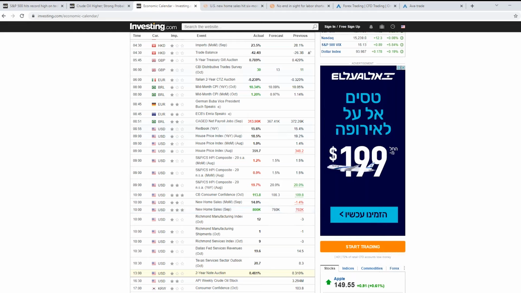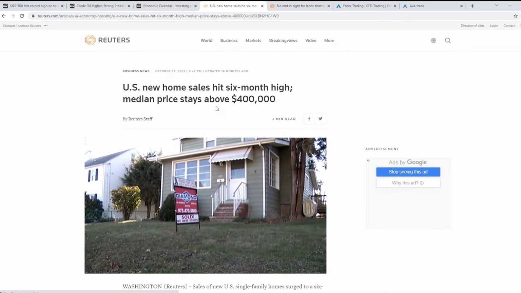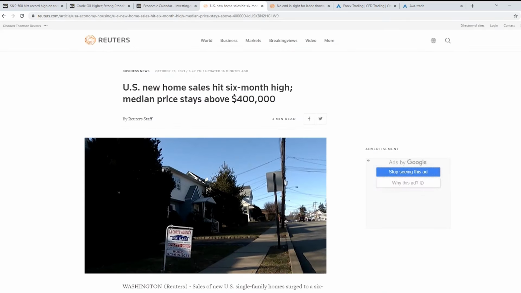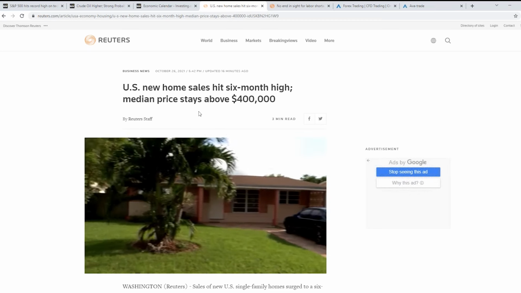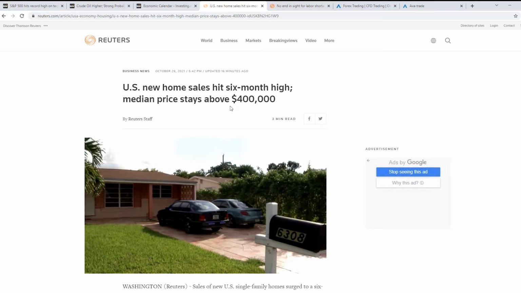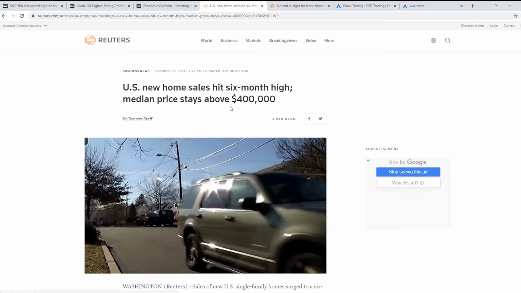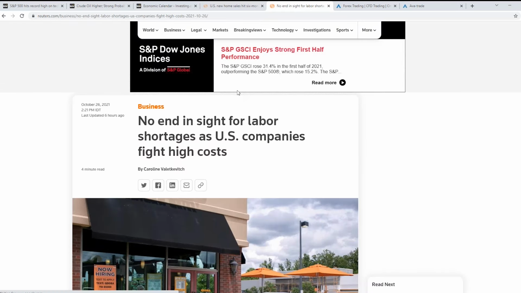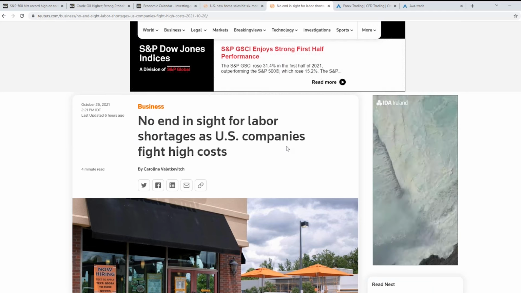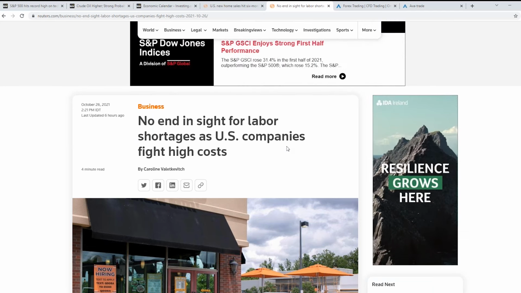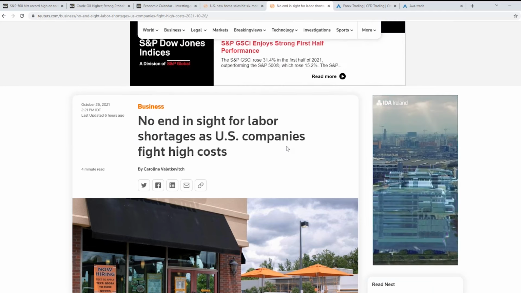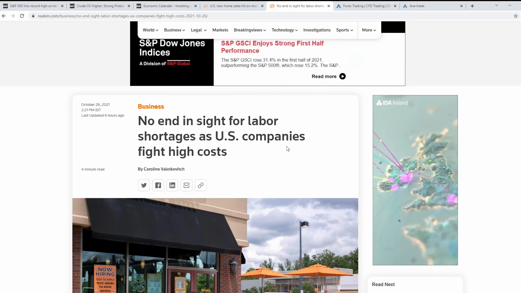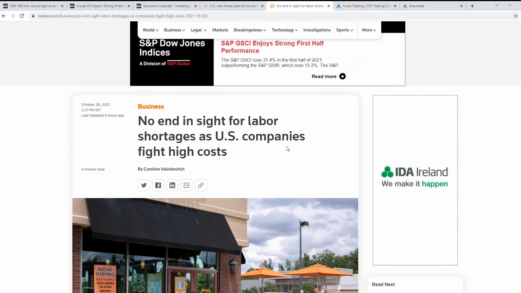And so, as we see, new home sales hitting a 6-month high, median price staying above 400,000 USD, again, inflation. There's no end. The next headline says there's no end in sight for the labor shortages as the US companies are fighting high costs. So the cost of things is going up, inflation. House prices are going up, inflation.